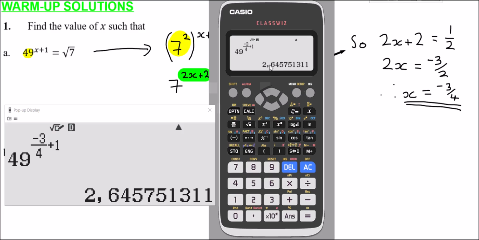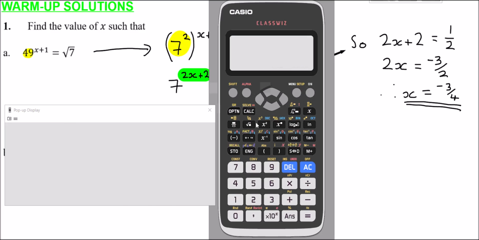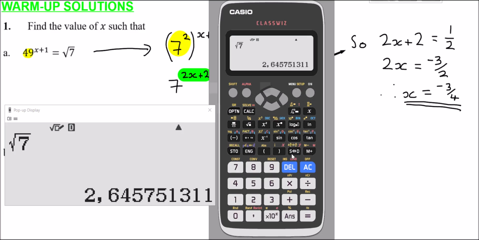And we get this awkward decimal, 2.6457. Let's now compare this to root 7. You can see it is the exact same answer, 2.6457, and so on. So we have got the correct solution.